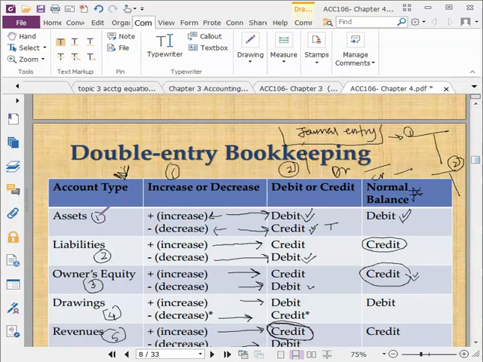When the account type is asset, if we increase the asset, we should debit. From the increase and decrease, you determine the double entry, whether debit or credit.